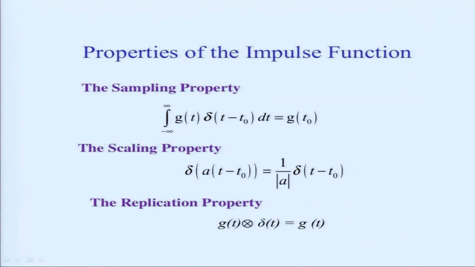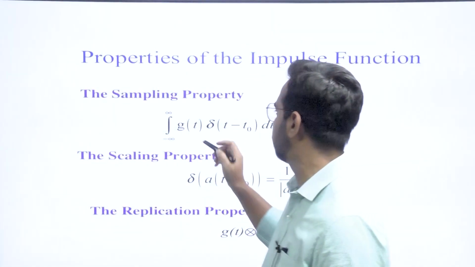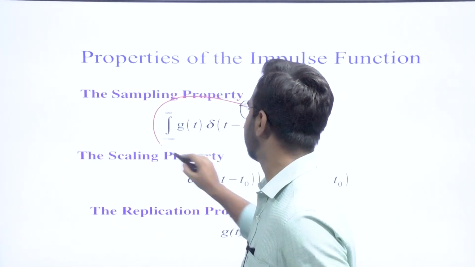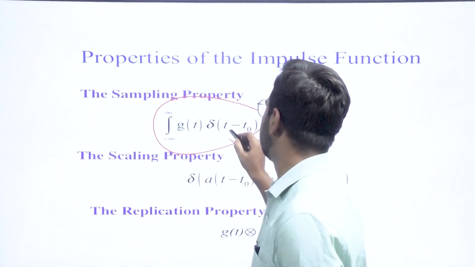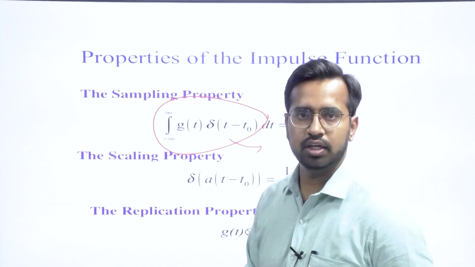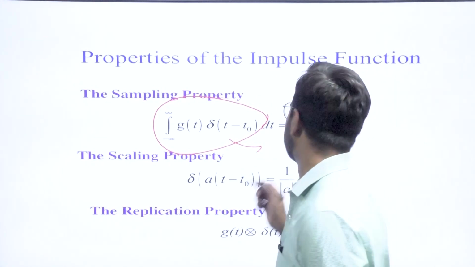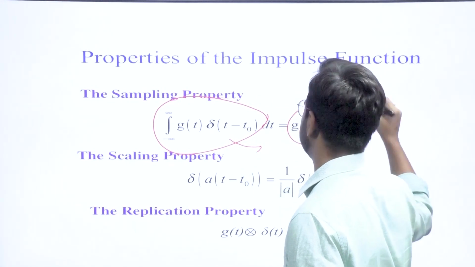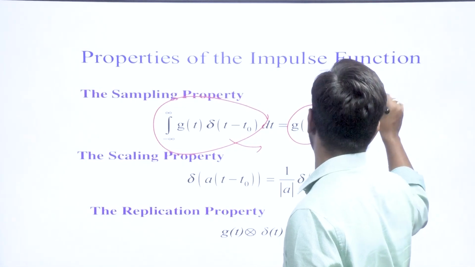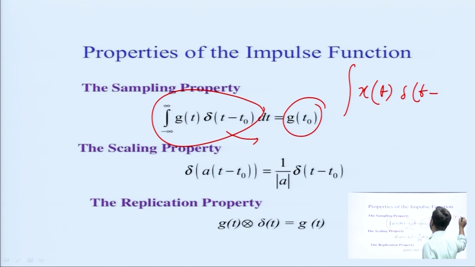These are the two to three properties of the impulse function. What is the first property? If you integrate the delayed impulse function with respect to some function, then the value of that function at t naught is the final output. For example, suppose you take x(t) times delta(t minus 2) integrated from minus 5 to plus 5.